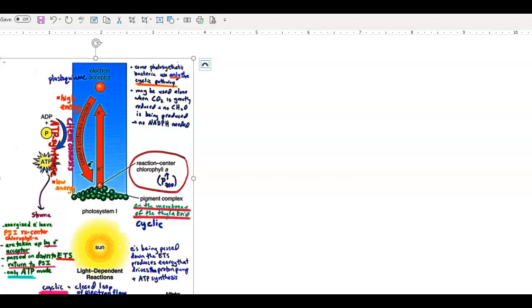But that electron that had a lot of energy from the sun has released its energy. It's gone back to a low energy state. It goes back to reaction center chlorophyll A. It goes around and around and around.